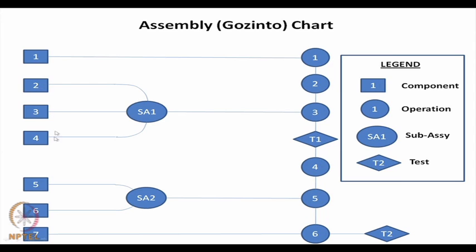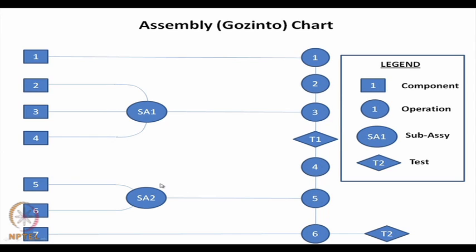These three parts together form a sub-assembly. This part or component goes through two operations, this sub-assembly and this part after two operations go through another operation, and then it is tested. So, this symbol is for testing, this symbol is for sub-assembly and the circles for operation.